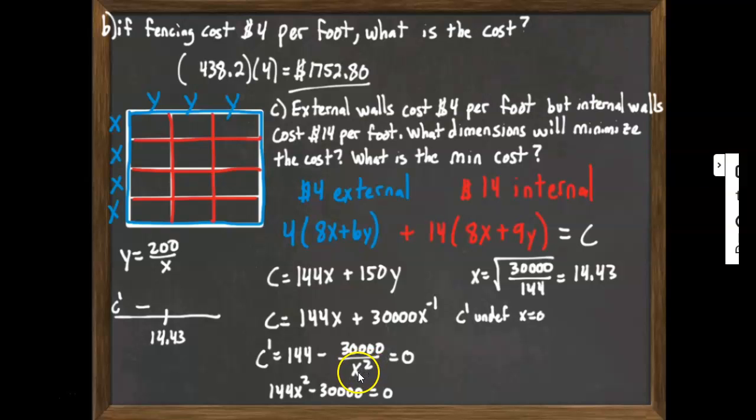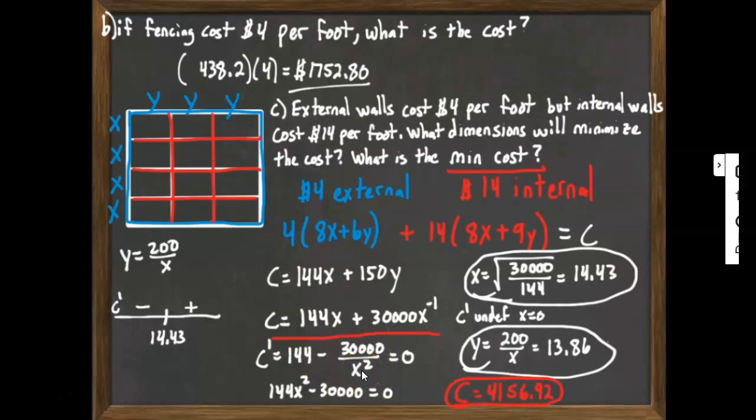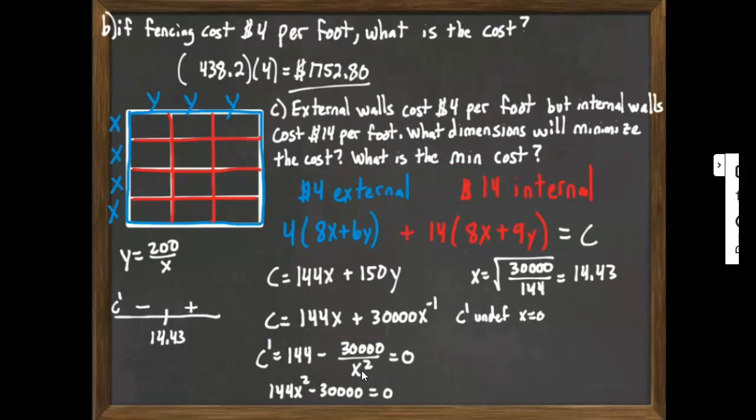Again, x equals 100 would be a great one, because that's 10,000 when you take 100 squared. 30,000 over 10,000 is 3. 144 minus 3, yes, it is positive. So that is, in fact, a minimum.